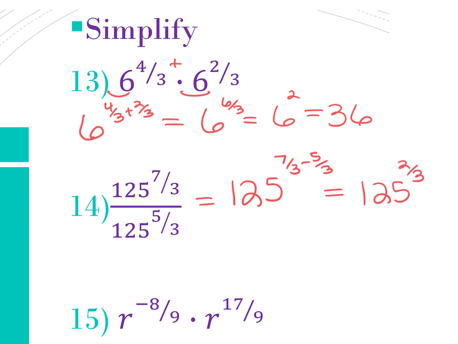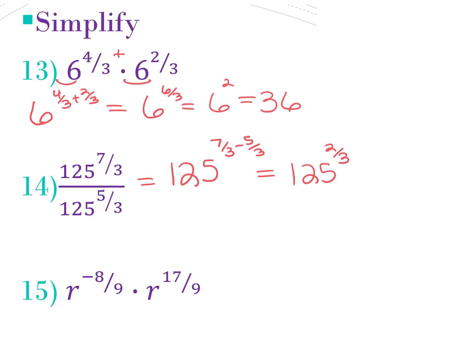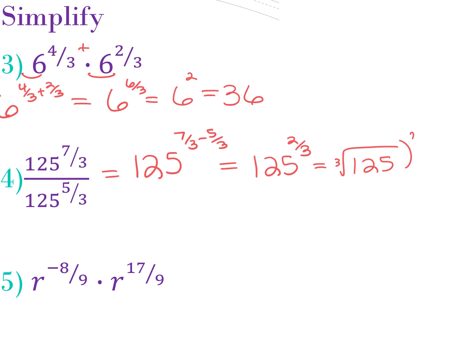Now I have to evaluate that rational exponent. Remember, the denominator is the root, so I'm going to find the cubed root or the third root of 125 and then square that answer. The cube root of 125 is 5, because 5 times 5 is 25, times 5 again would give me the 125. And then square it, and final answer is 25.